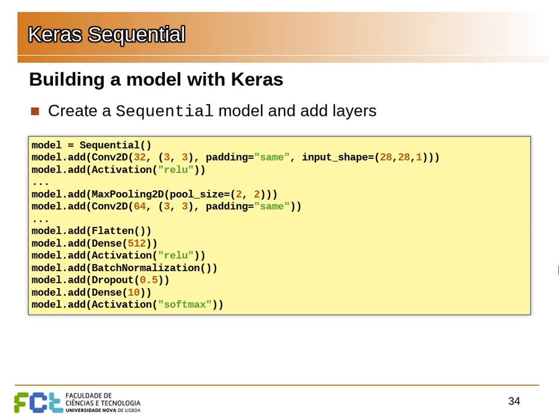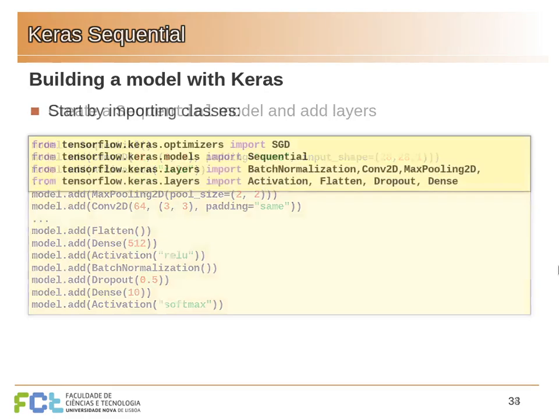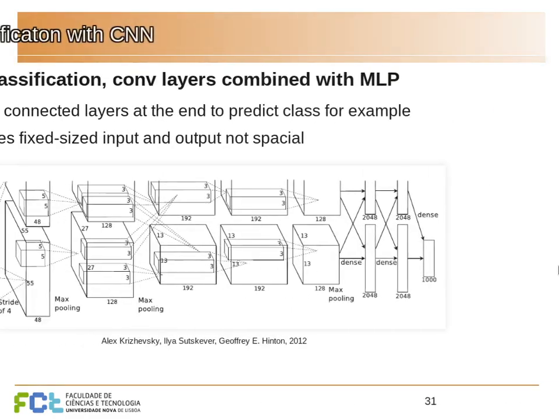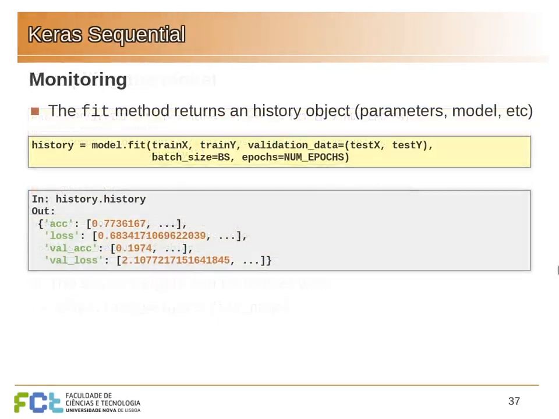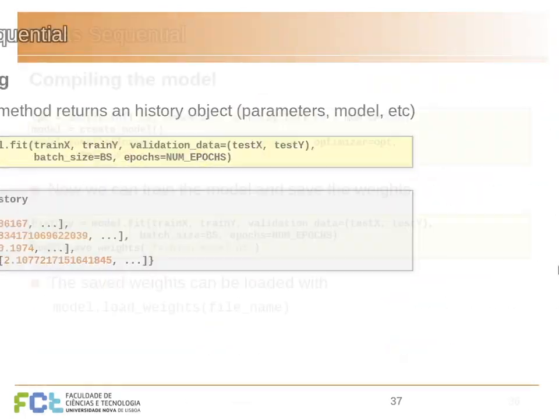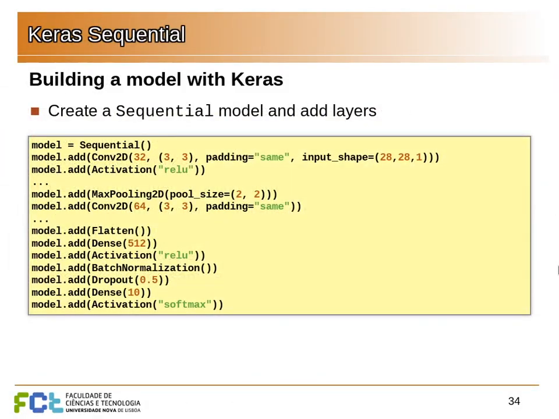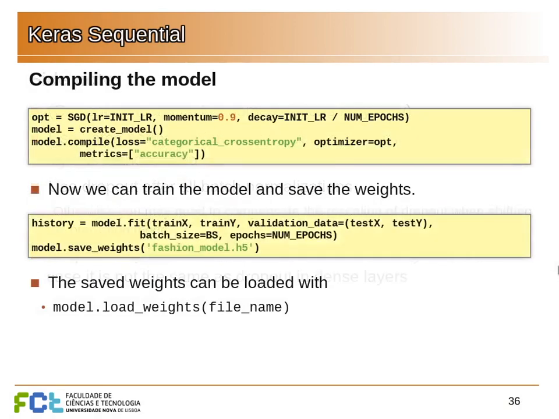So the end of our network is a layer of 10 neurons, because there are 10 different classes for the clothes in the Fashion MNIST. And since each image can only belong to one class, we are using the softmax activation. And with the softmax activation, we use the categorical cross entropy.